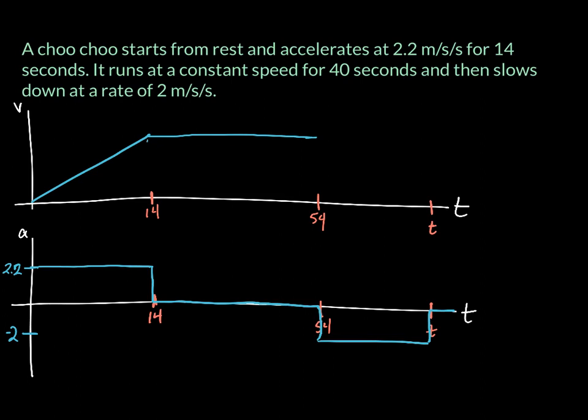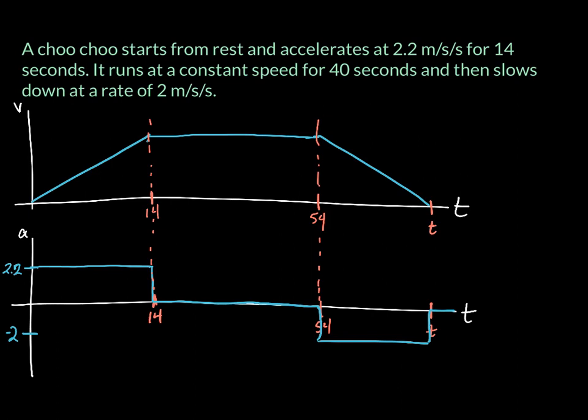And then deceleration to a stop would mean that. So these time regions are laid out for us. So that would be the velocity and acceleration graphs that go with this problem.